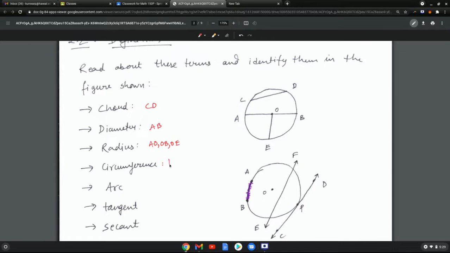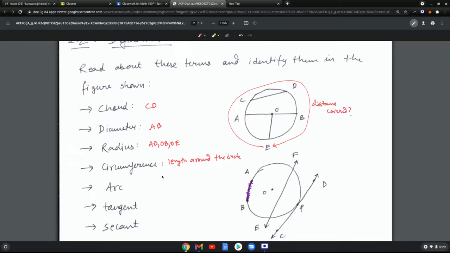Circumference is the length around the circle. We're going to come back to this in the next page. Length around the circle. Which means if I start from E and I go around the circle and I come back to E, then what is the distance that I covered?